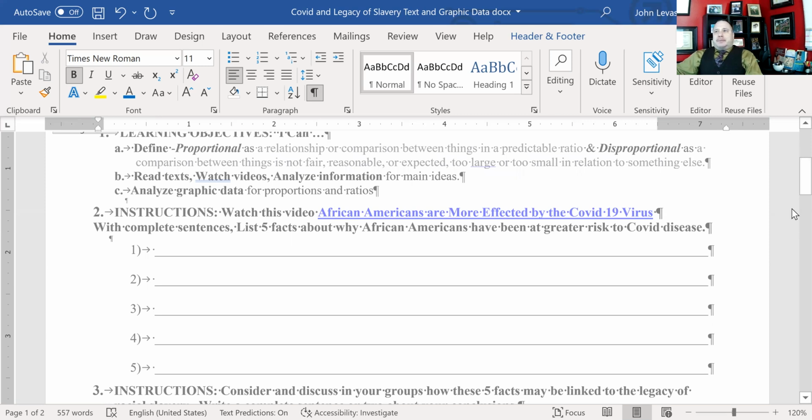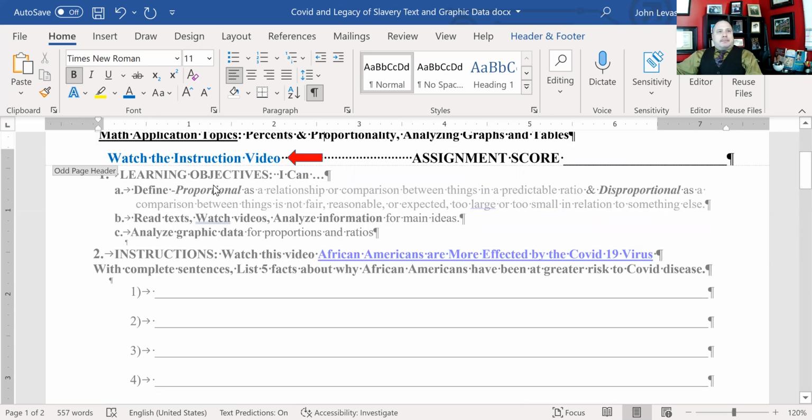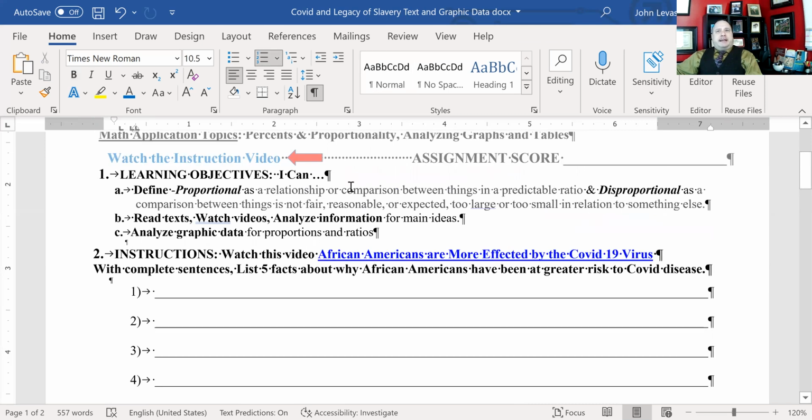Our learning objectives. I can define proportional as a relationship or comparison between things in a predictable ratio. I can define disproportional as a comparison between things not fair, reasonable, or expected, because there's too large or too small a relationship between the things.